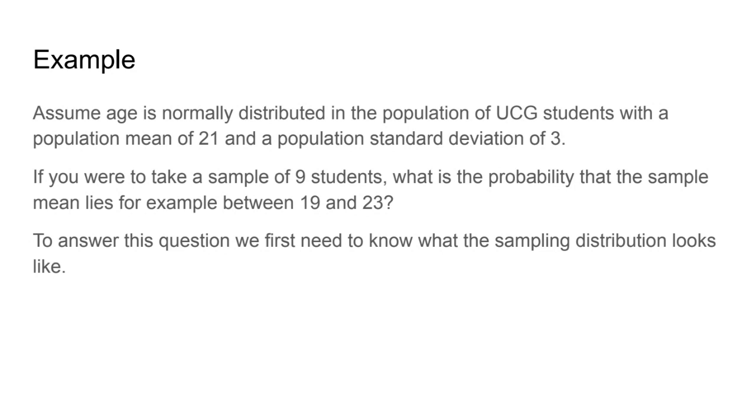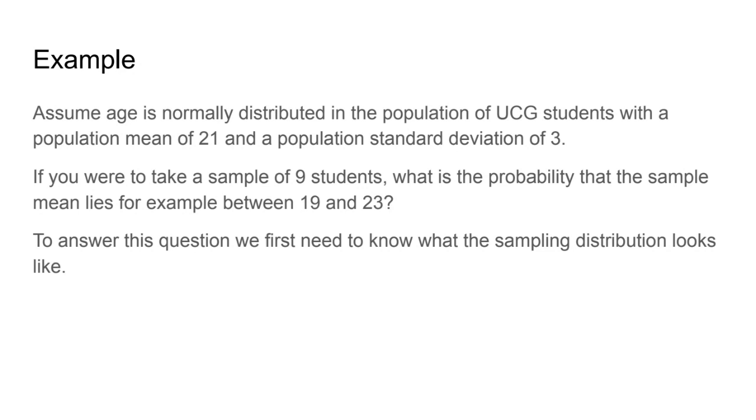This is the type of question we can answer with the mathematical facts that we have acquainted ourselves with. Because we want to know something about the probability of a sample, we don't need to look at the population distribution, which gives us probabilities to find individuals. We need to look at the sampling distribution, which tells us how likely it is to find samples with particular properties, such as the property of having a mean between 19 and 23.